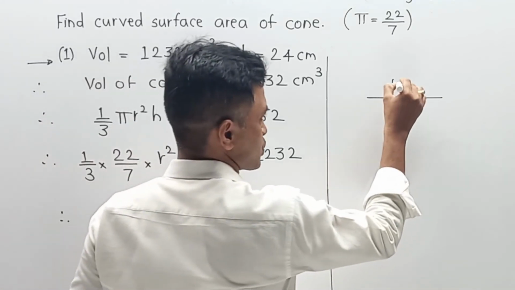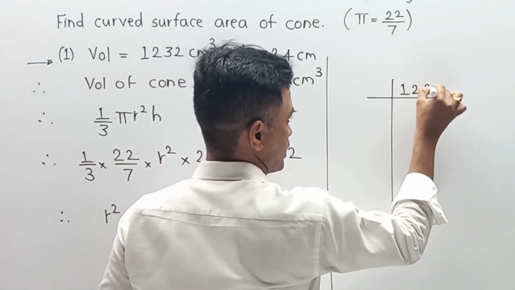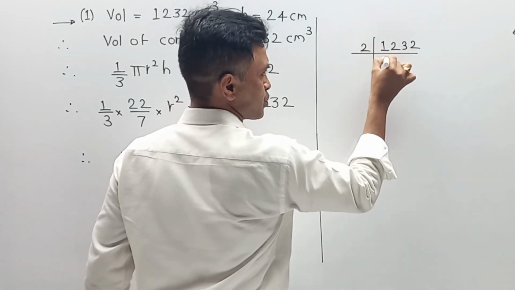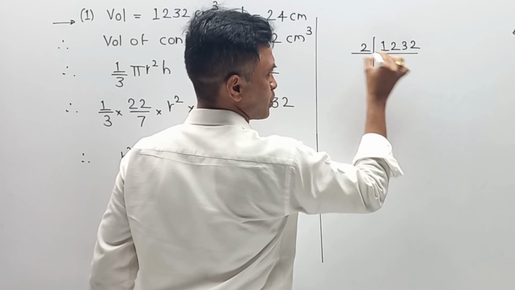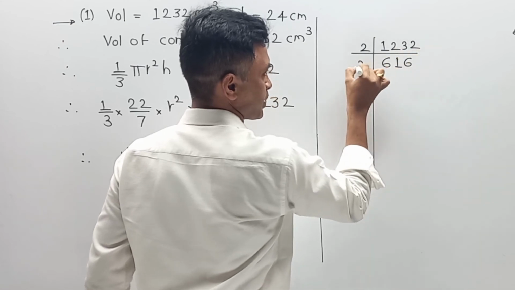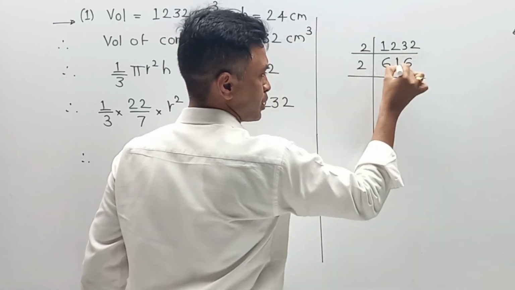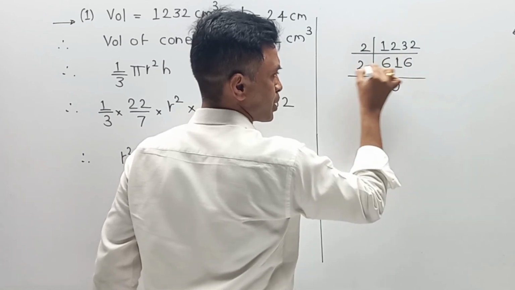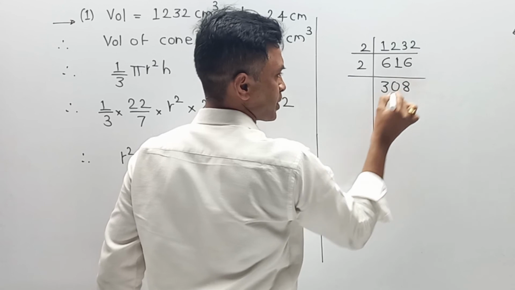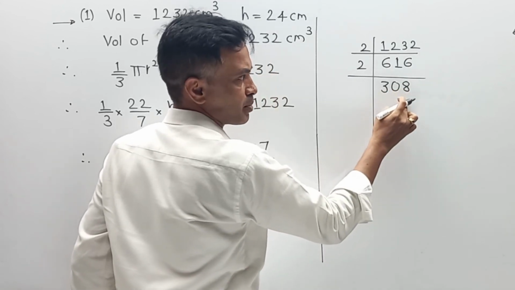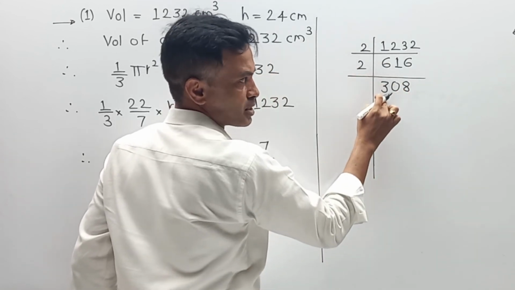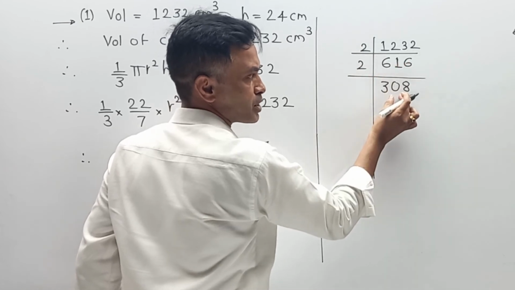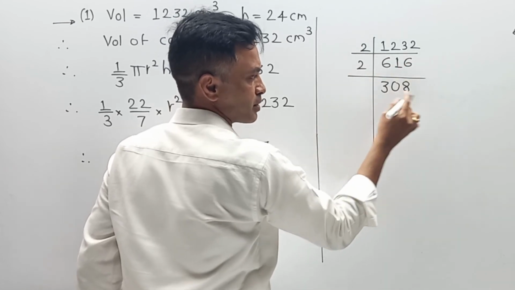Splitting it, as the last digit of 1232 is 2, I am dividing it by 2. 2 6s are 12, 2 1s are 2, and again 2 6s are 12. Dividing it again by 2, 2 3s are 6, 1 cannot get divided so 0, and 2 8s are 16. In this step a number of students make mistakes. Once again, 2 3s are 6, 1 cannot get divided by 2, so we take 16, but we are supposed to write 0 and then 2 8s are 16.